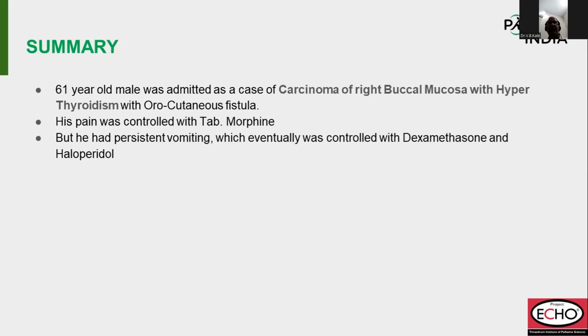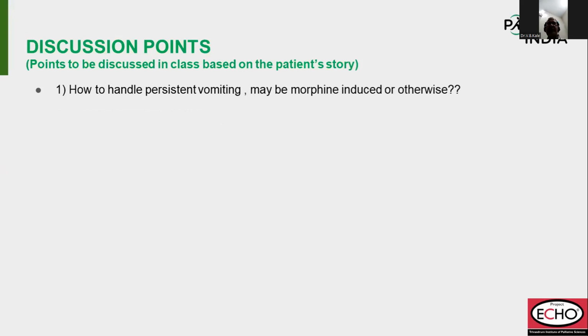Summary: a 61-year-old male was admitted as a case of carcinoma of the right buccal mucosa with hyperthyroidism and orocutaneous fistula. His pain was controlled with tablet morphine, but he had persistent vomiting, which eventually stopped with dexamethasone and haloperidol. Next, thank you. Discussion point: how to handle persistent vomiting, maybe morphine induced or otherwise.